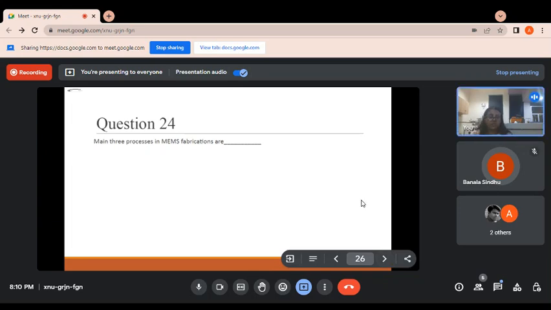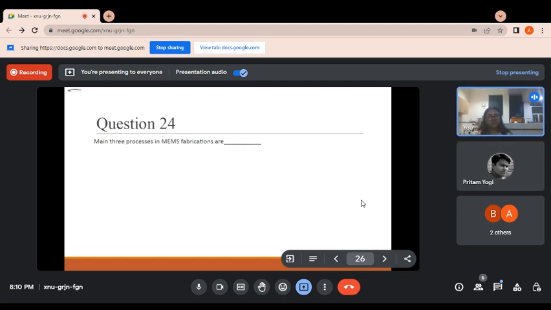So this is also a basic question of the MEMS fabrication process. The main three processes in MEMS fabrication we already discussed. Three processes means the fabrication steps.